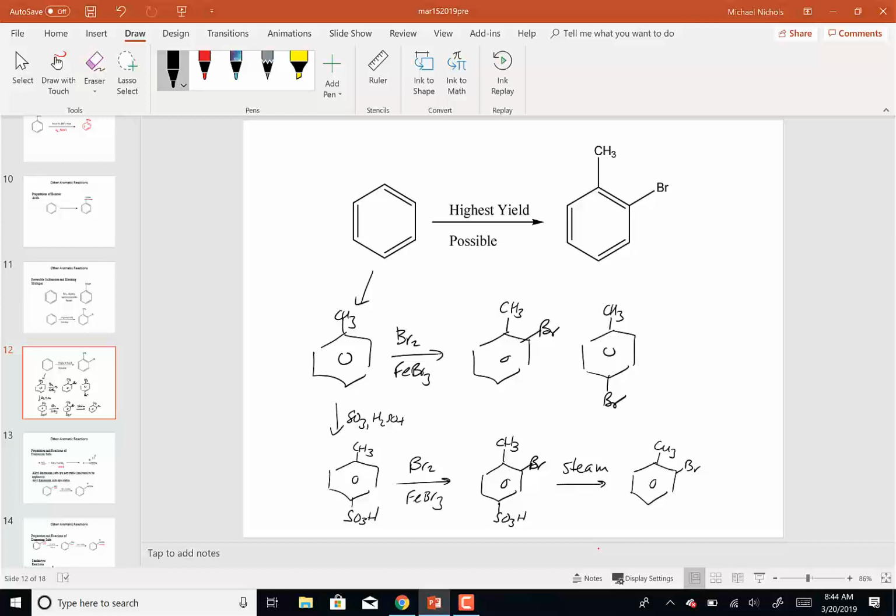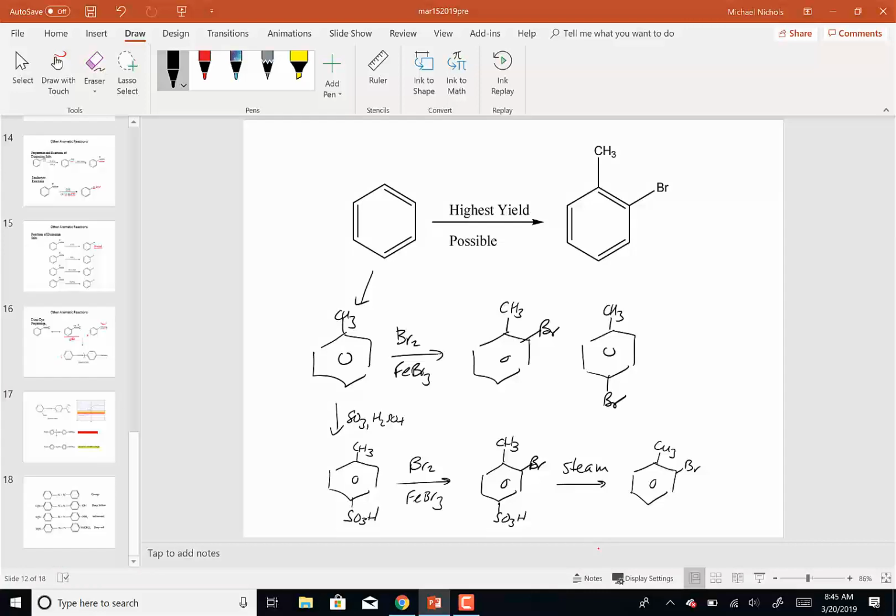So that's blocking and unblocking. Okay, so that's another dozen reactions to add to the benzene ring. Are we done? We're getting close.